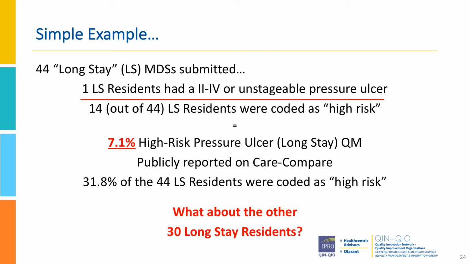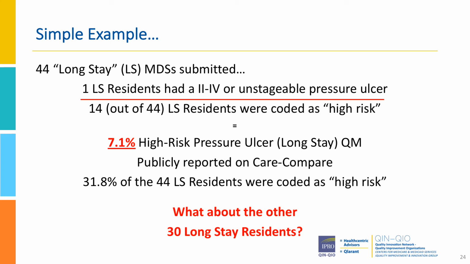So the math with 44 long stay MDSs in the system, 1 resident with a stage 2, 3, 4, or unstageable pressure ulcer out of the 14 found to be at risk equates to a quality measure calculation of 7.1%. And you see that on this report.